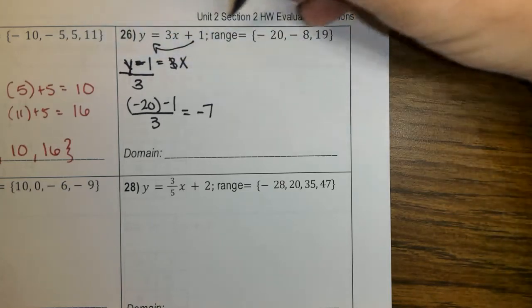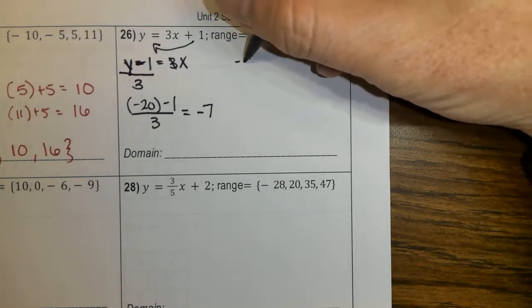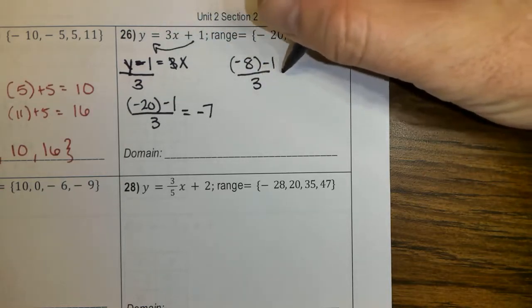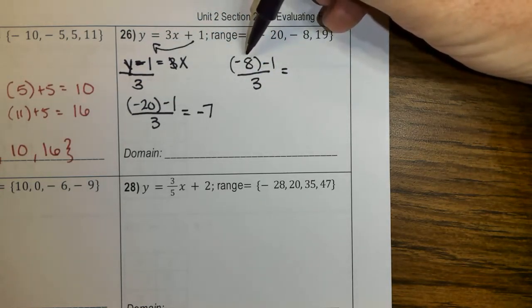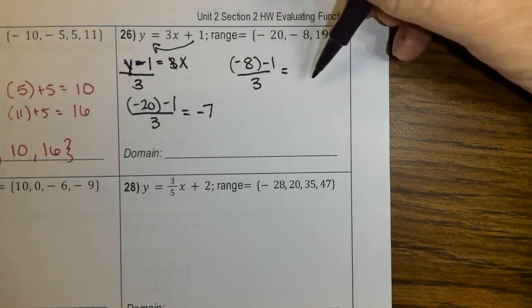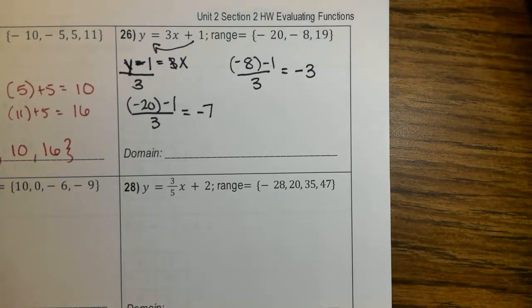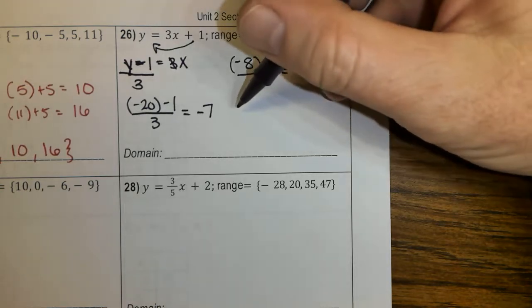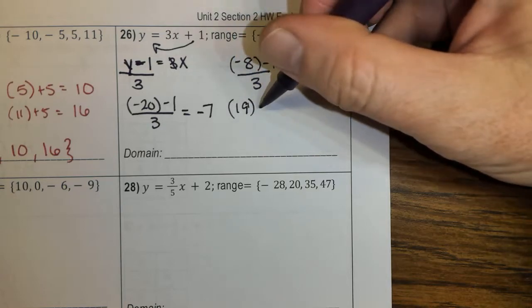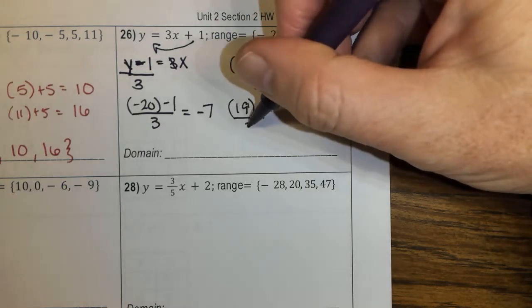Alright, I'm going to replace my y with my next value, so I have negative 8, parentheses, right, minus 1 over 3. So negative 8 minus 1 is negative 9. Negative 9 divided by 3 is negative 3. And I do the last thing with my last y value, 19, minus 1 over 3.